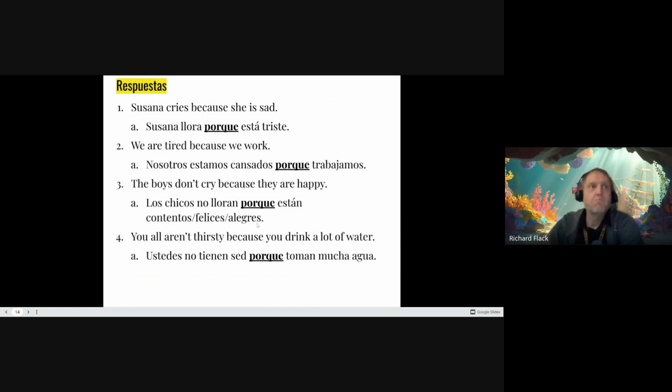So here we've got plural, so make sure your adjectives are in the plural masculine form. Remember, Z changes to C in front of an E. We never have ZE in Spanish. That's one of our rules from Unit 1 on our Spanish spelling rules. Y número cuatro, you all aren't thirsty because you drink a lot of water.